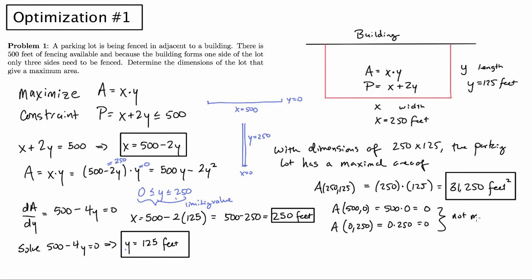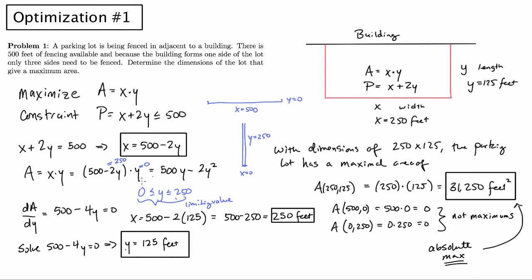So we need to be very careful about that. Always keep in mind the idea of an absolute max, because that's what we're hunting for. And the absolute max here turns out to be with a y length of 125 and an x width of 250. So the maximal area is 31,250 square feet for this example.